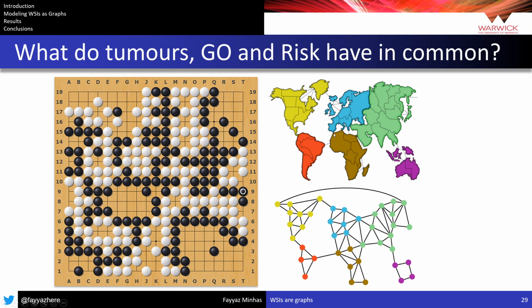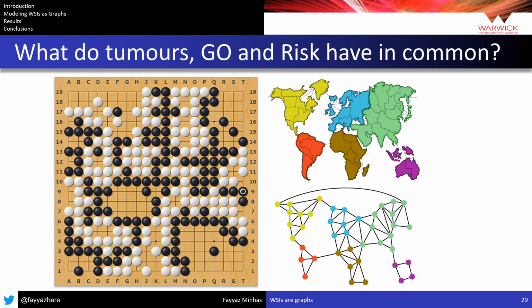With that, I'd like to conclude by putting out this question. What do tumors, Go, and Risk have in common? What we've seen is that if we model tumors in whole slide images as graphs, then we can use machine learning to identify patterns and solve different types of prediction problems.